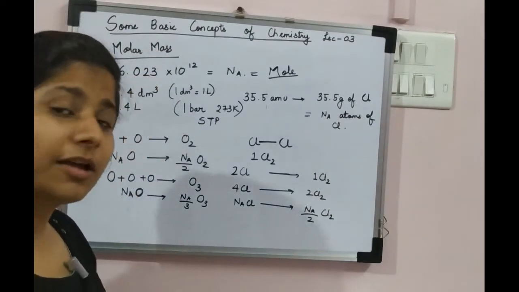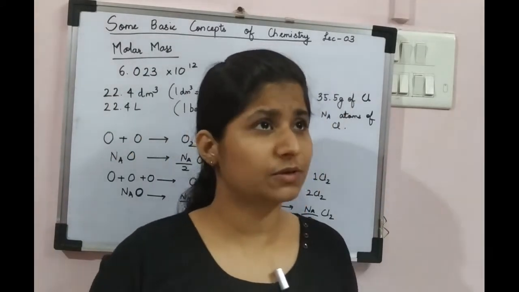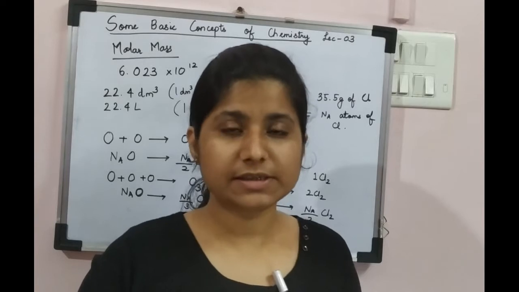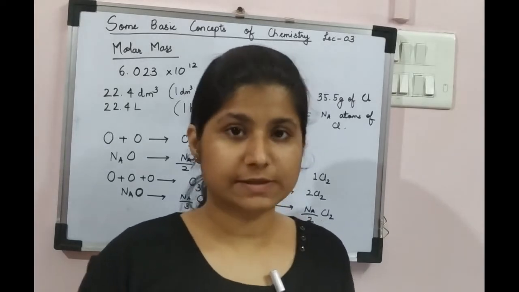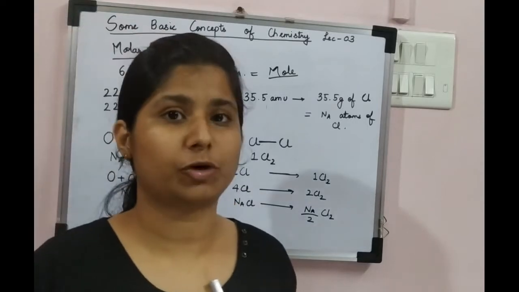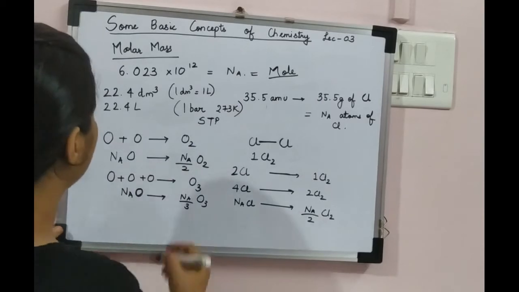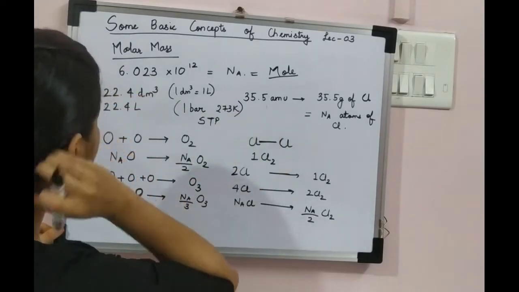If you remember from Avogadro's law, what does it say? Equal volumes of gases under the same conditions of temperature and pressure contain the same number of molecules. Right. So what will happen for chlorine?